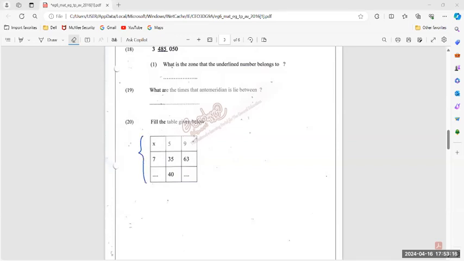So you have to make sure these are not being mistaken. Something 5 times is 40, so it is 8. 8 times 9 is 72.